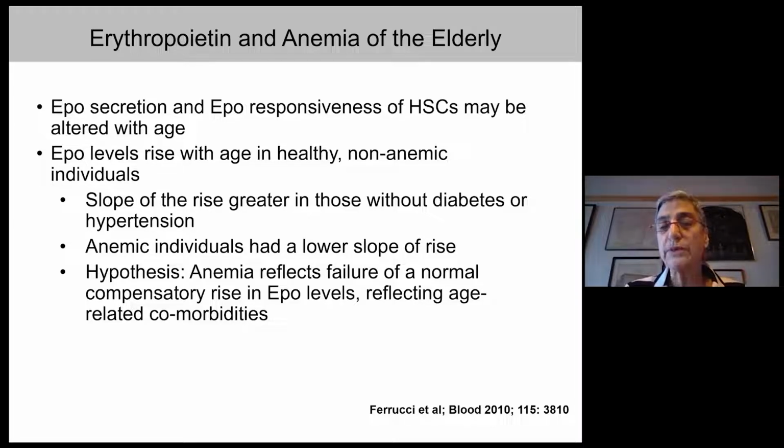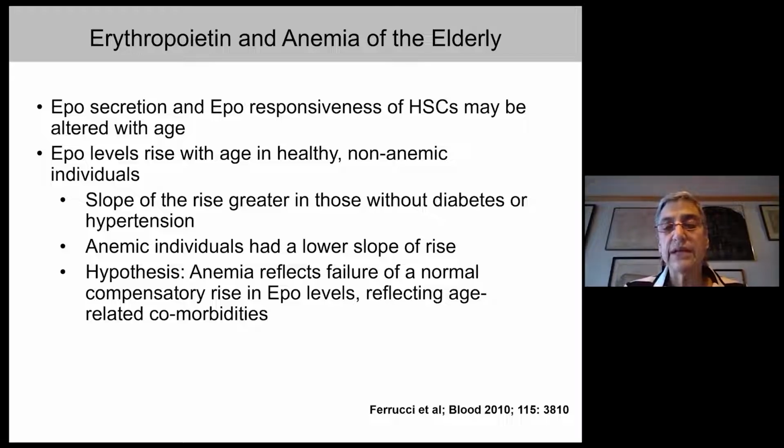This is probably a variant of anemia of inflammation because inflammatory markers rise with age. In those patients who have diabetes or hypertension, the slope of the rise is depressed because of the long-term effects of diabetes and hypertension on the kidney.